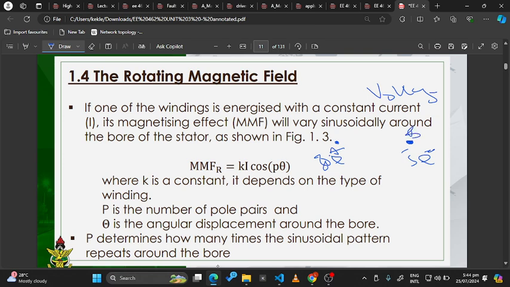Remember, a material has atoms. If these electrons are moving, they are going to encounter opposition, which is called resistance. So in order to move an electron from point A to point B, you need a certain force, you need to do a certain amount of work. The work done in moving an electron from one point to another is what we call the electromotive force.